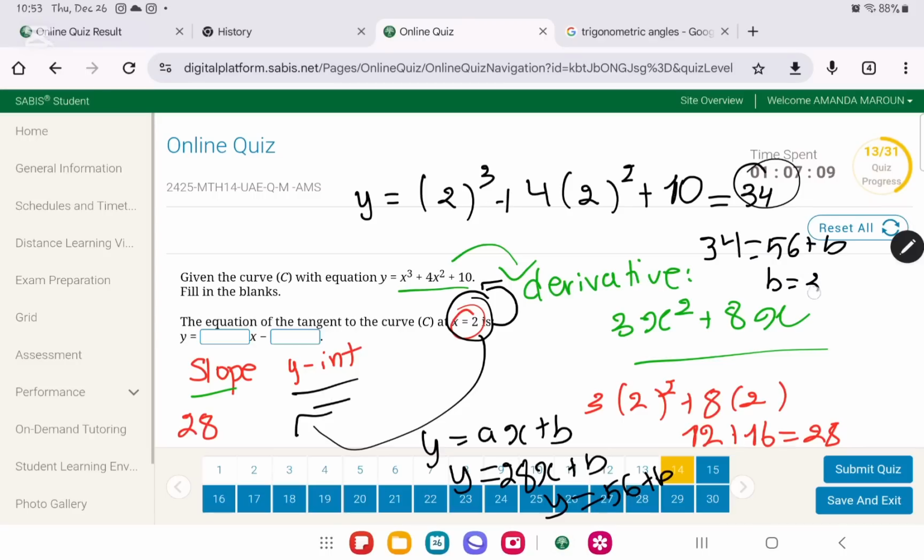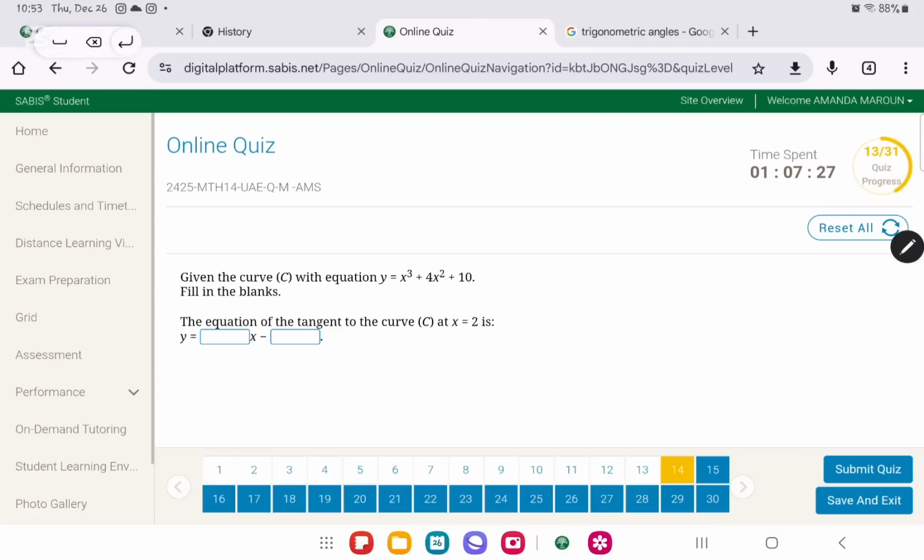So then b is equal to 34 minus 56. So then b is equal to minus 22. They already put a minus for us, so there is no need to put the minus. So in this case, our y-intercept is then 22. So we have a slope of 28 and a y-intercept of 22.